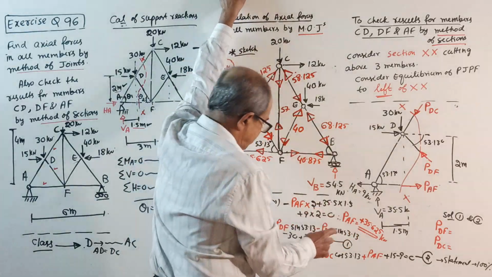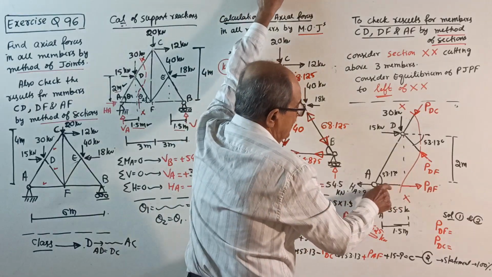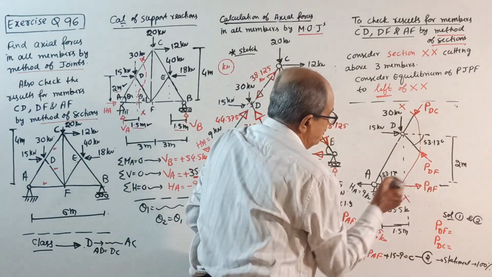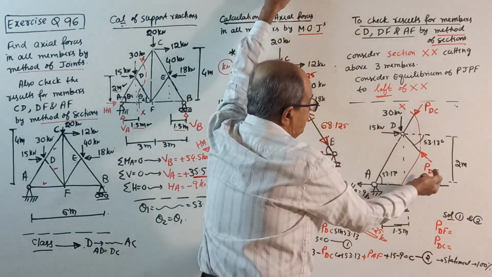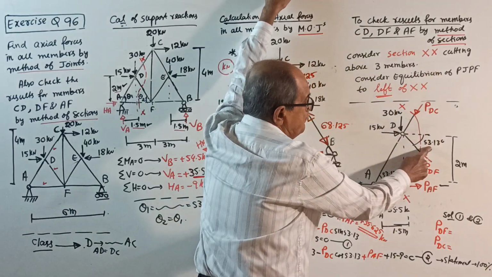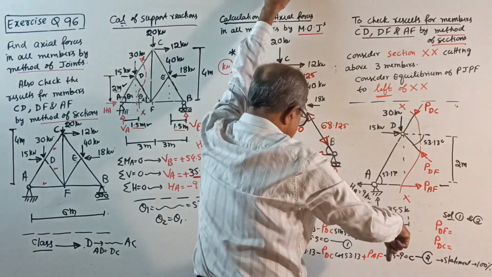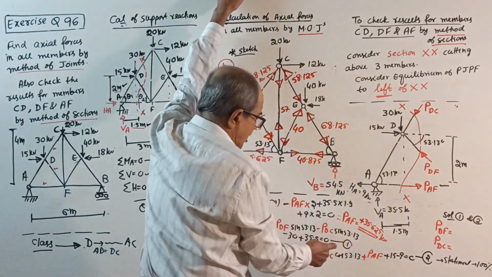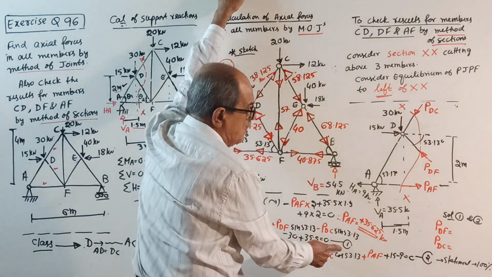Then sigma V equal to 0. Now you know the value of PAF here. Plus PDF sin 53.13 minus PDC sin 53.13 minus 30 plus 35.5 equal to 0. Equation number 1.